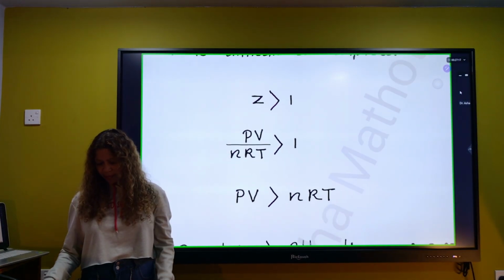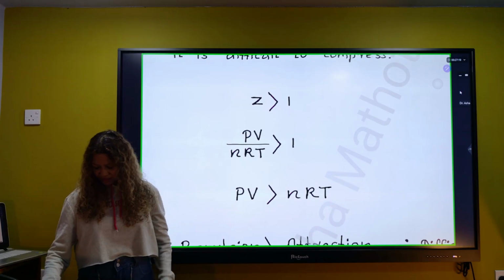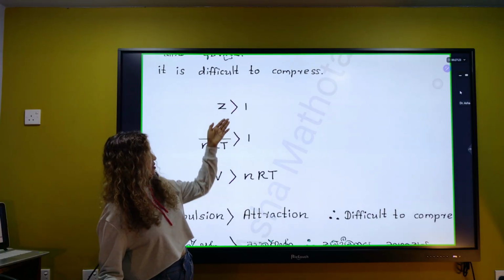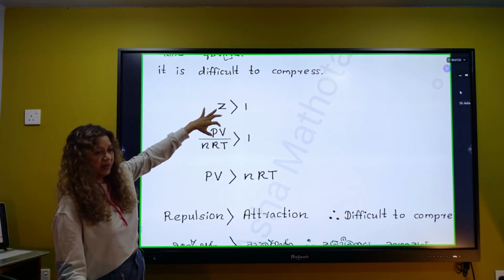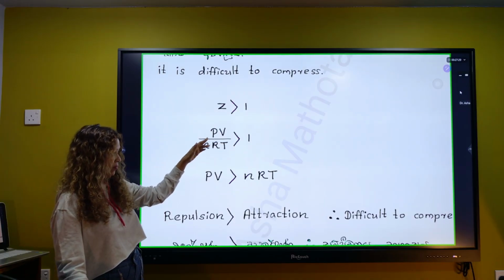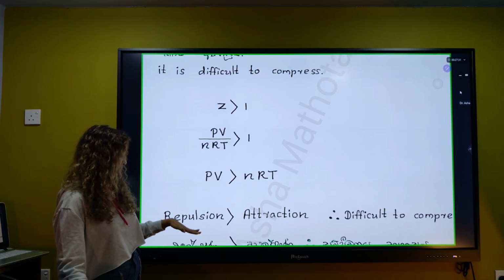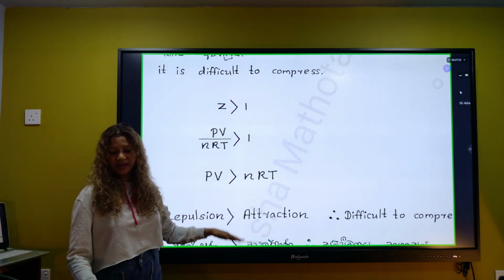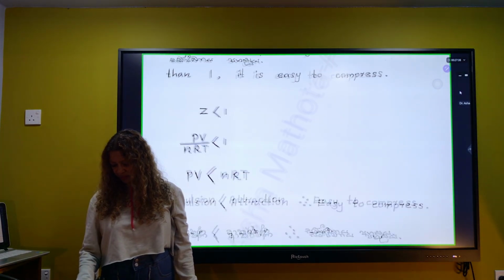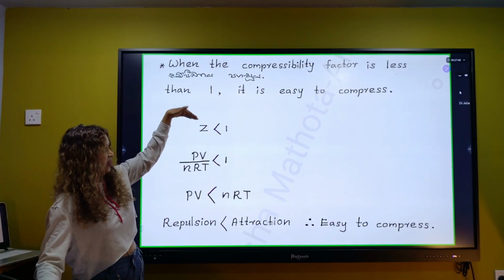Okay, so these are the two different conditions. Compressibility factor is greater than 1: PV is greater than nRT, so PV divided by nRT is greater than 1, and repulsions are greater than attractions. And then the other way around, let's say the compressibility factor is less than 1.